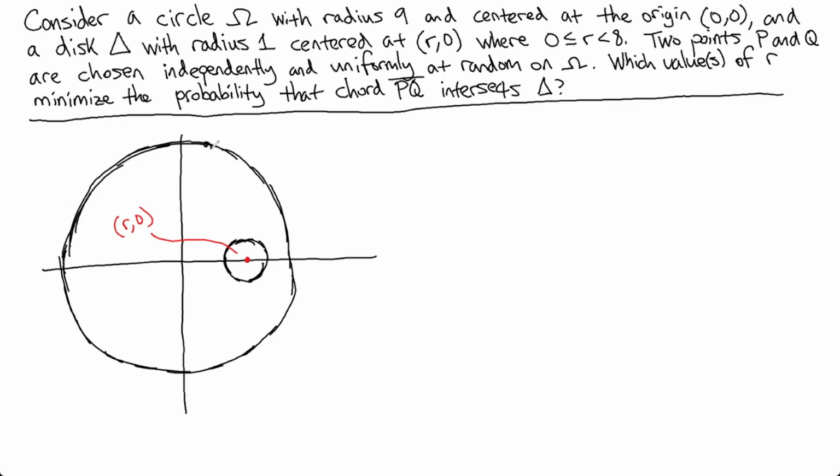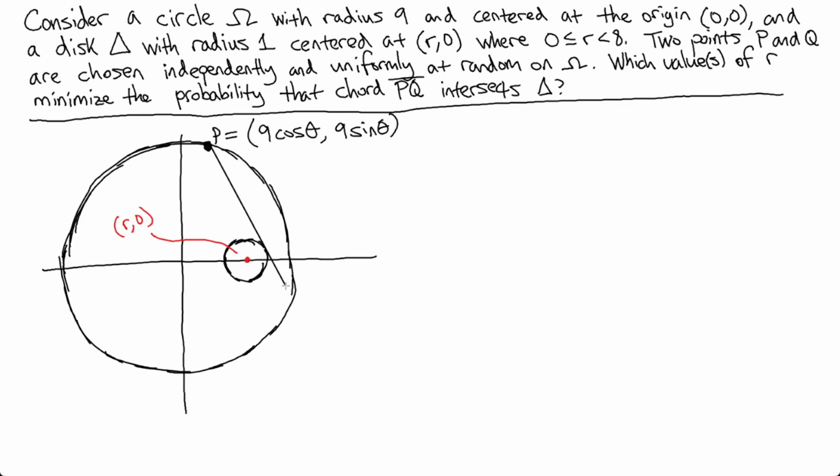For starters, let's suppose that point P is selected to be this point here, which in general will have the coordinates 9 cosine of theta, 9 sine of theta, where theta is a random variable with a uniform distribution on 0 to 2 pi.